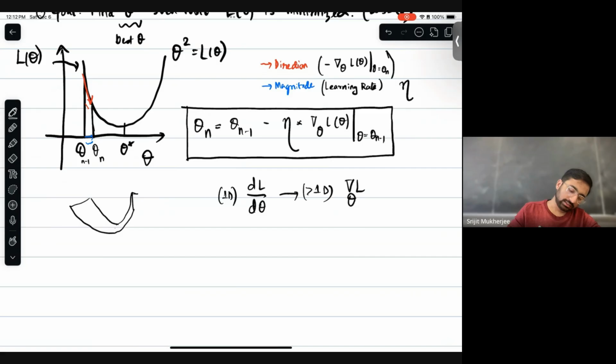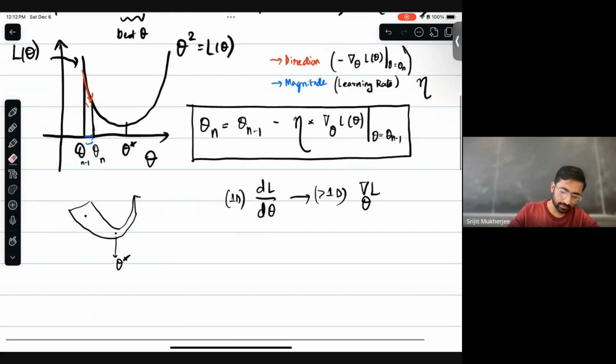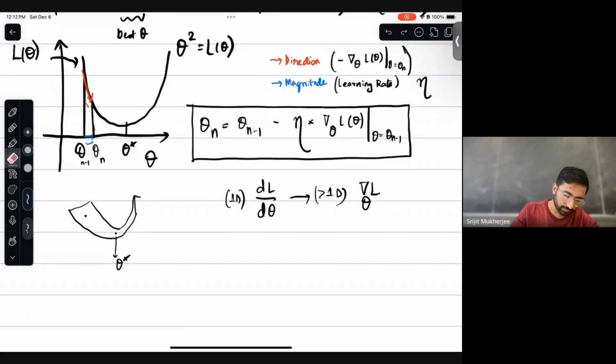Okay, this is the minimum. So what you do is that this is, let's say, theta star.